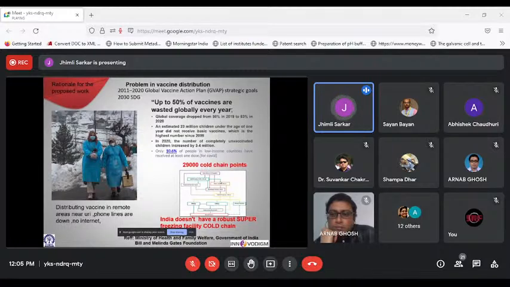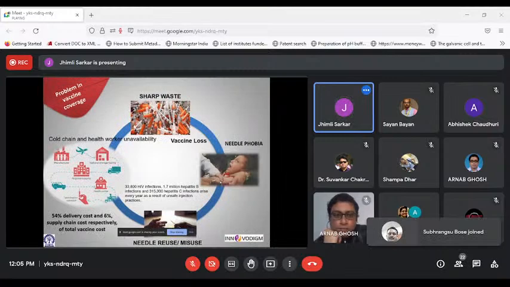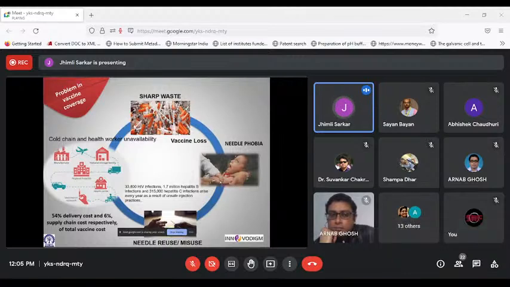The problem lies in this scenario: the cold chain facilities are not available in the remotest corners of the world, and health workers are unavailable. Every time we cannot have access to a health worker who can give the vaccines to the needy. So 54% of the delivery cost and 6% of the supply chain cost of the total vaccine cost comes from this problem.